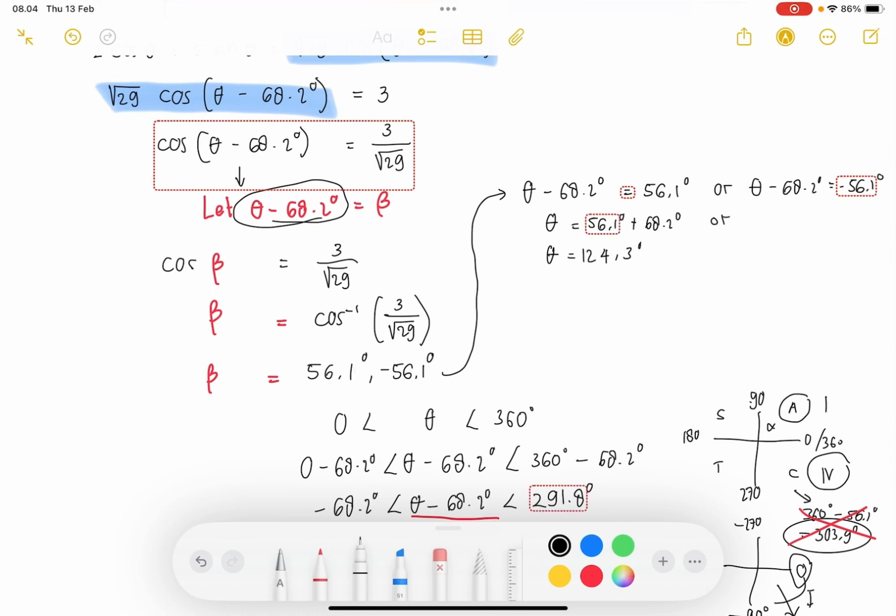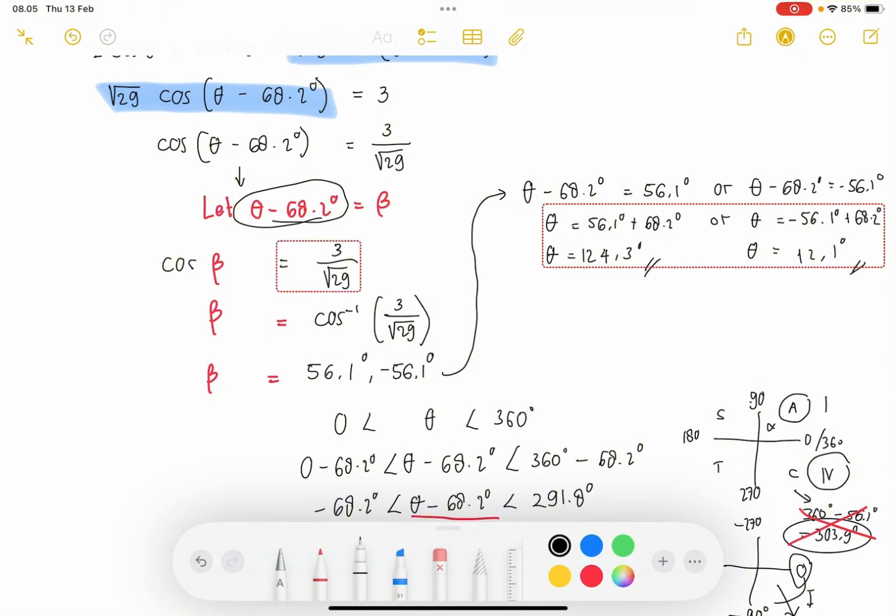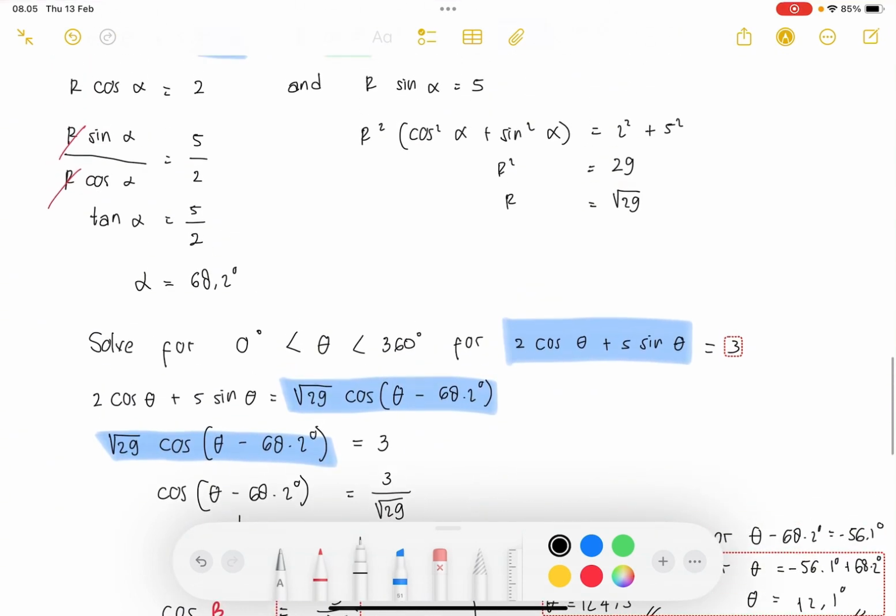Or we have another value, negative 56.1 degrees plus 68.2 degrees, so theta equals 12.1 degrees. Then done. That is the way to solve the trigonometry equation. Thank you.